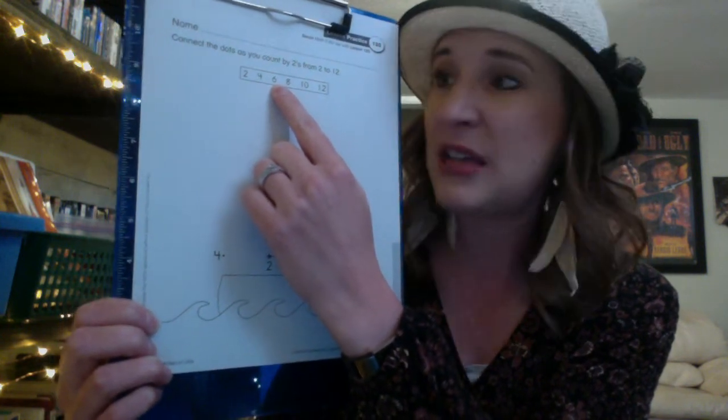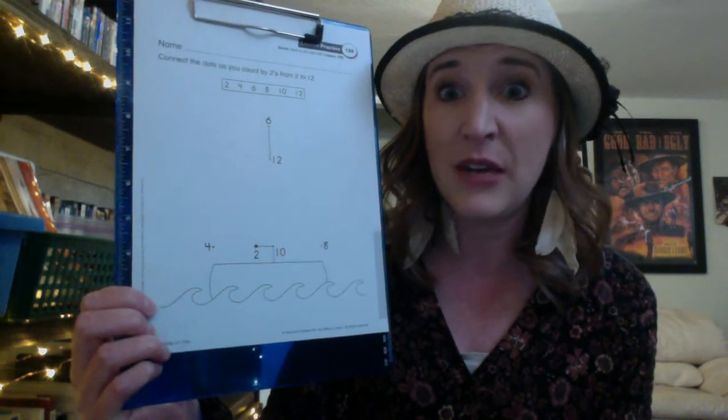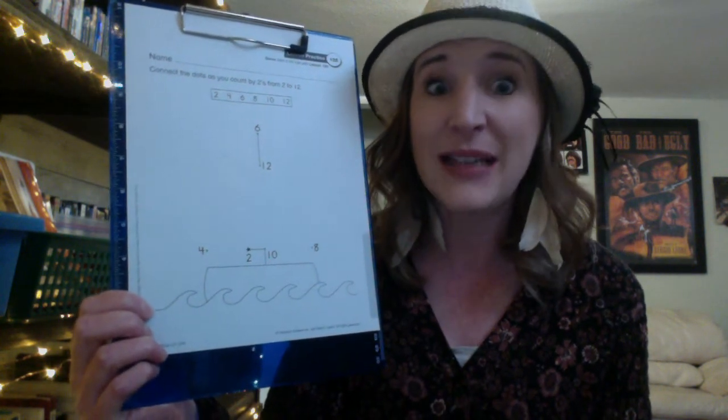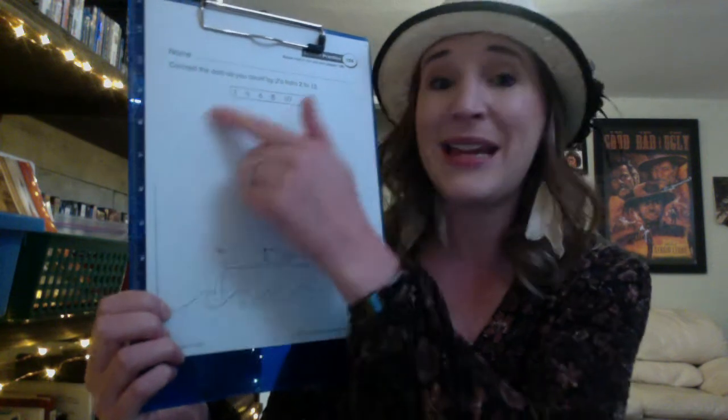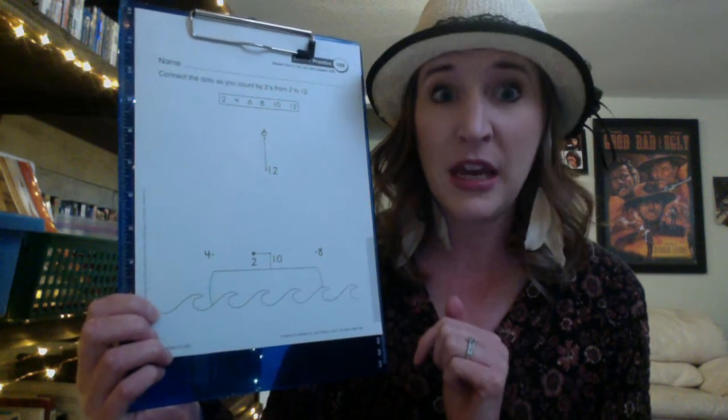We can look, let's say maybe we were on 6 and we don't remember what comes next. We can just look up here, find the 6, see what's next. Oh, it's 8. So use that to help you if you need. Once you've connected the dots, just like whenever we do this in class, then I want you to point and count out loud on the picture for your parents to hear.